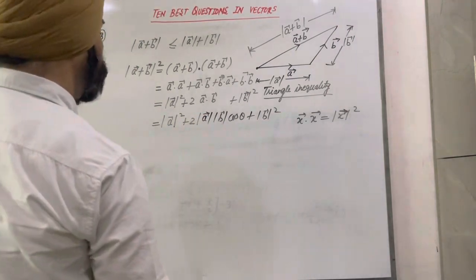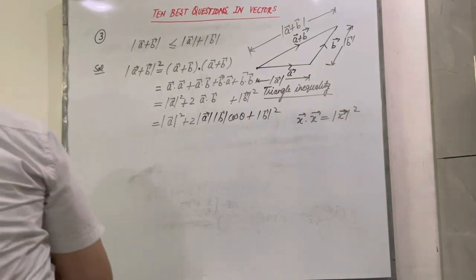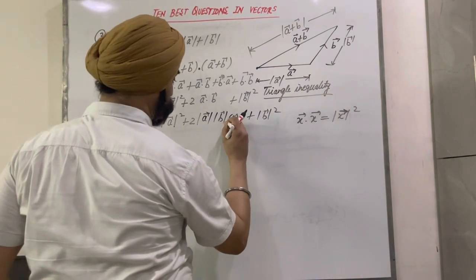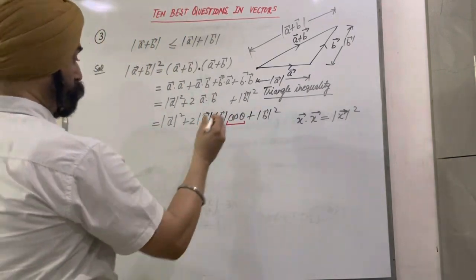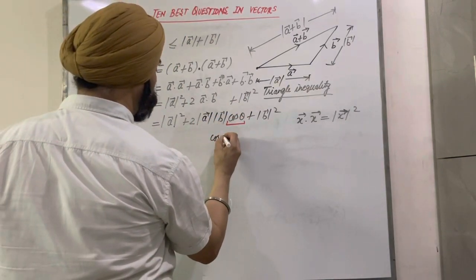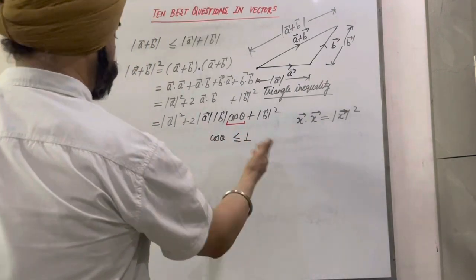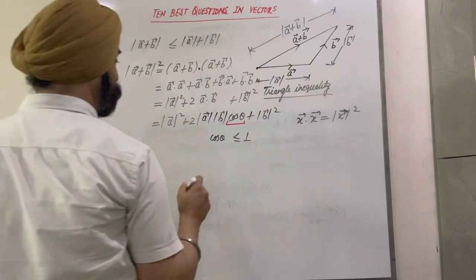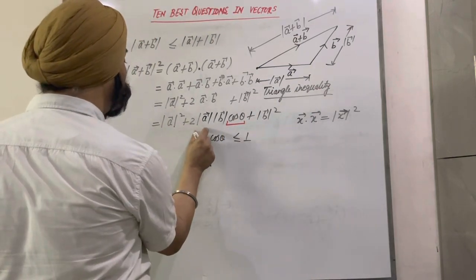Now pay attention. Here we have cos theta. Cos theta has a maximum value of 1. That means I can write cos theta is less than or equal to 1. With this cos theta, we have 2 mod A mod B attached.